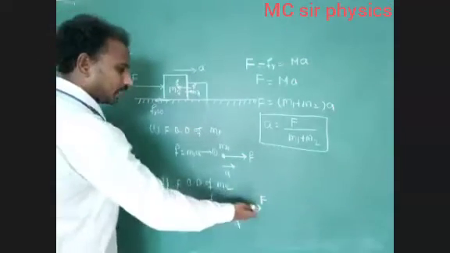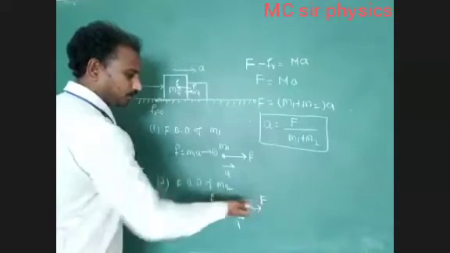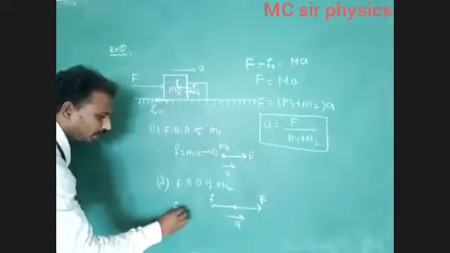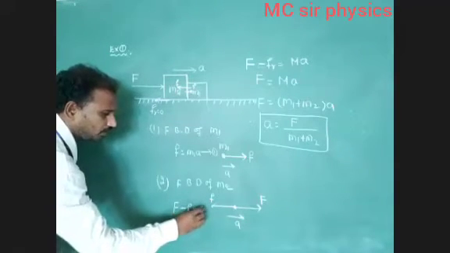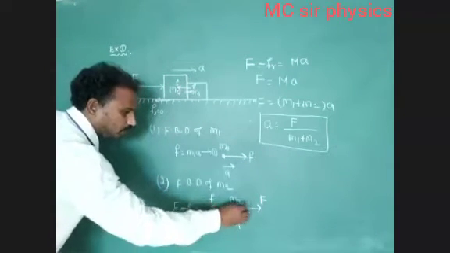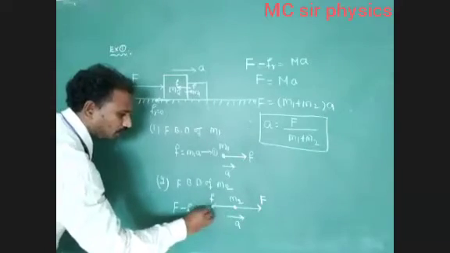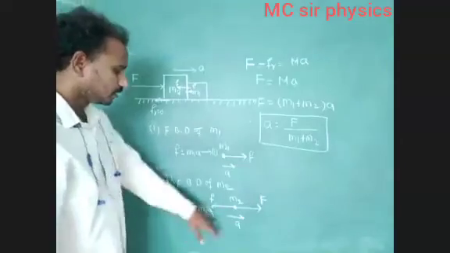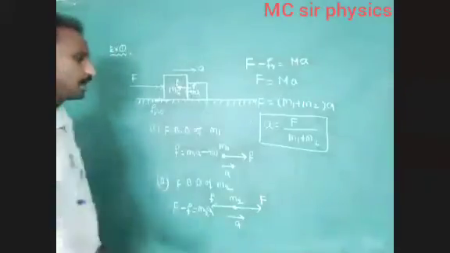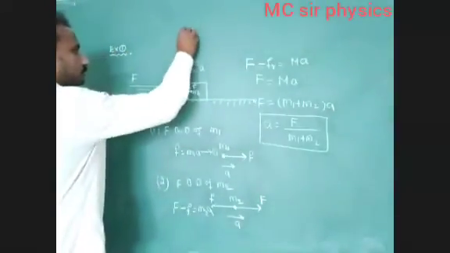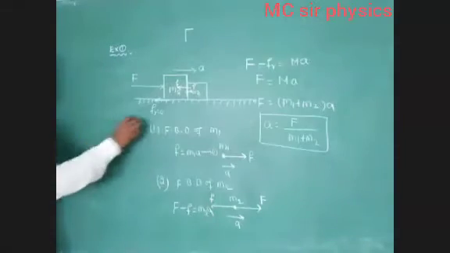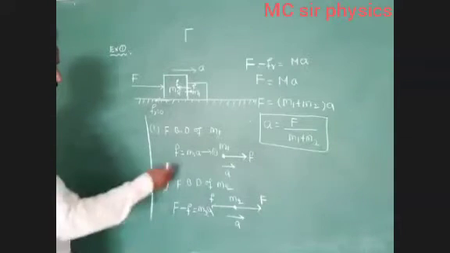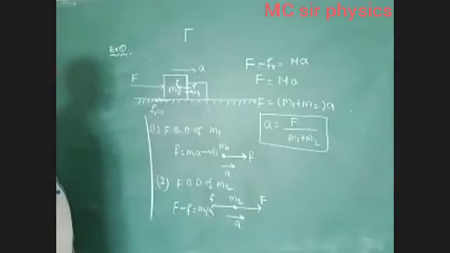Now represent the unbalanced force. The applied force is more than the contact force. Applied force F minus small f equals the mass of the second body M2 into A. So we want to find the F value.